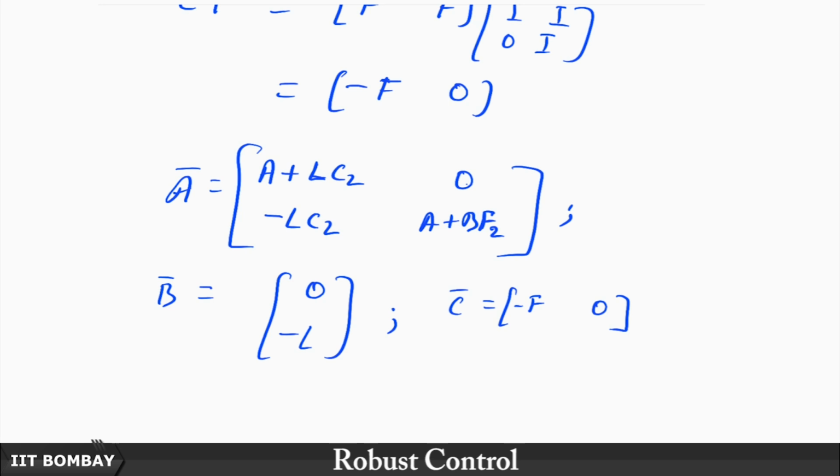So, those states are not observable. In other words, the only states that reflect at the output are the uncontrollable states. So, there is no way that any influence of the input is visible at the output.